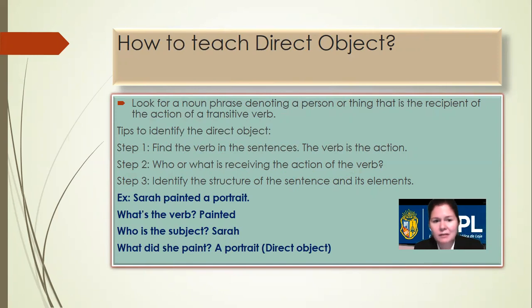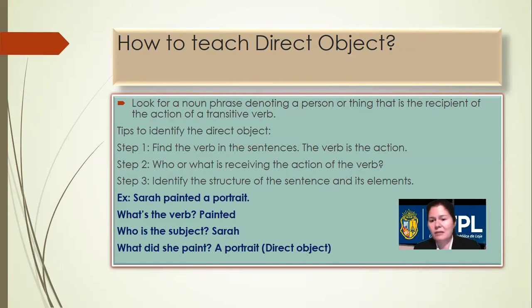Step 1, find the verb in the sentence. Remember that the verb is the action in the sentence. Step 2, who or what is receiving the action of the verb? Step 3, identify the structure of the sentence and its elements.